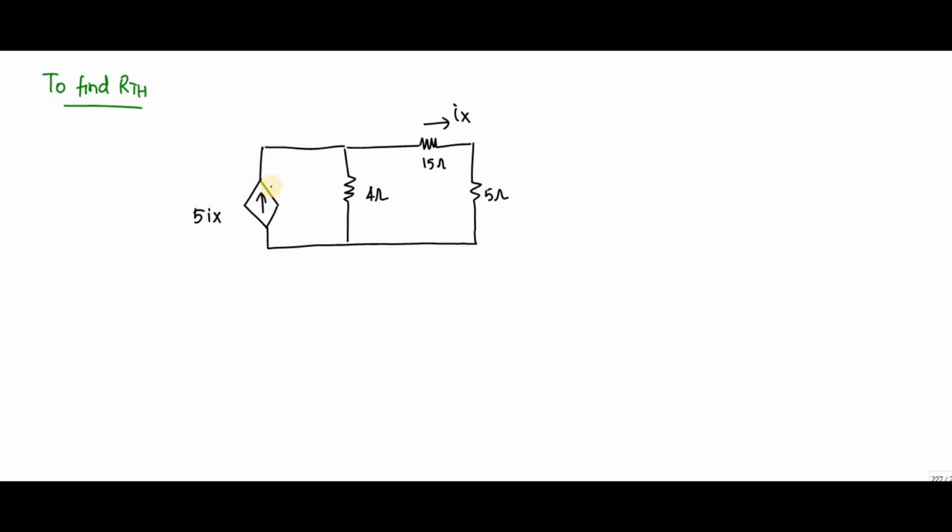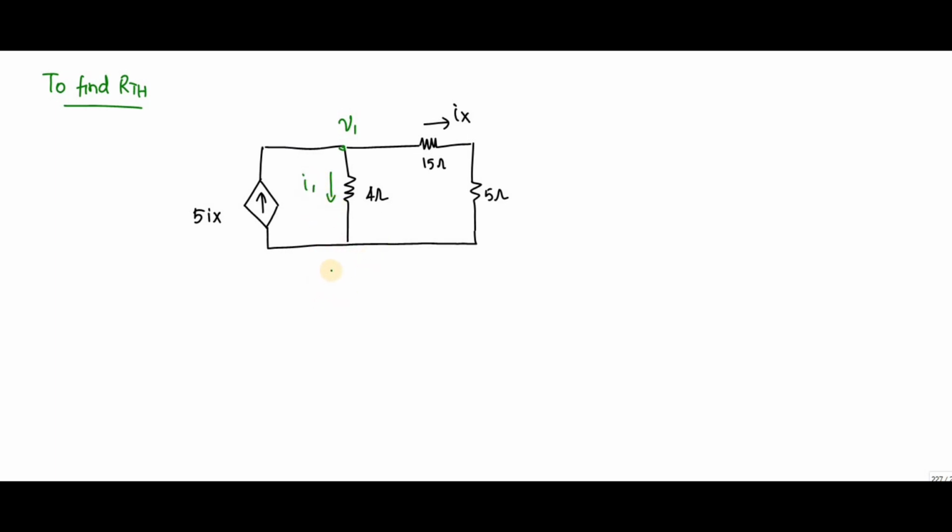If I open circuit this one, since this Ix is based on this source only, you can't get the value of Ix. Let me take this one as V1, and this is I1.